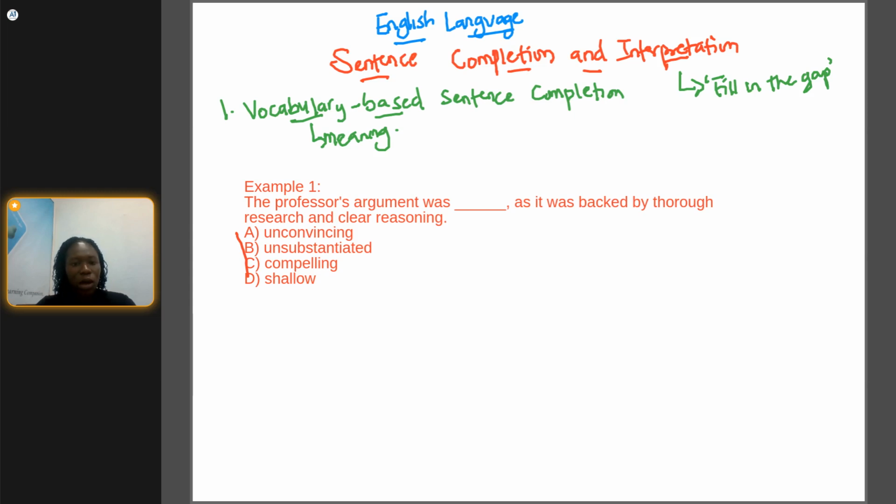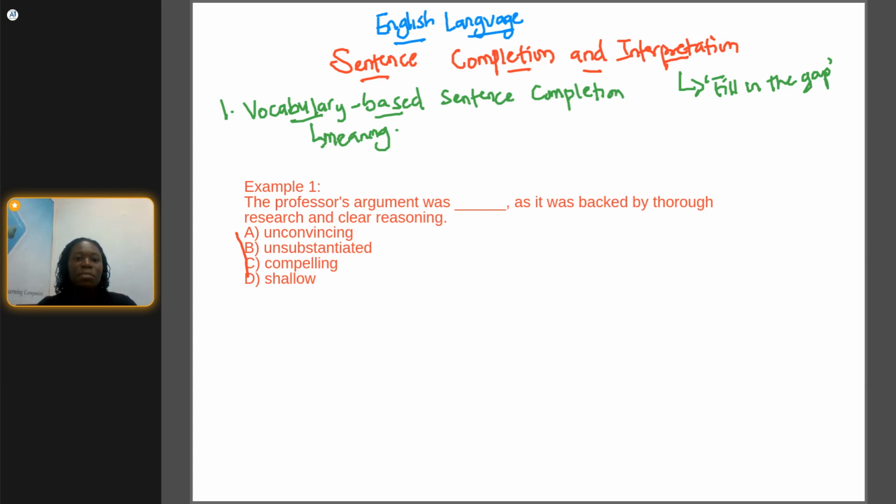Because if you talk about unconvincing, or the other options like option A, option C, option D, and you slot them into the space, you see that they do not complete the sentence in the way that they should. But when you put in the compelling option in that empty space, you see that it fits and it looks like the most appropriate. So the professor's argument was compelling.